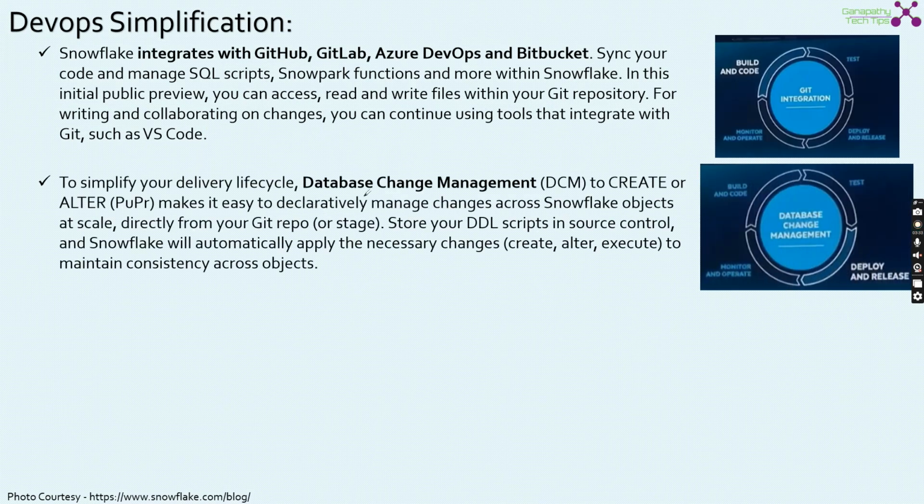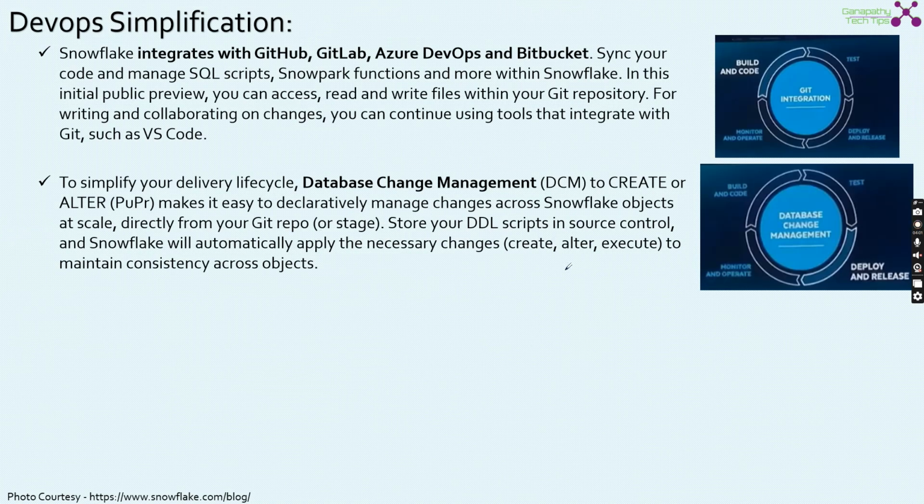Another important thing is the database change management, which is the DCM. With create or alter, it is easy to declaratively manage changes across Snowflake objects at scale directly from your GitHub repo or stage. So you can store your DDL scripts in source control, such as GitHub, and Snowflake will automatically apply the necessary changes, say create or alter or execute, to maintain the consistency across the objects.